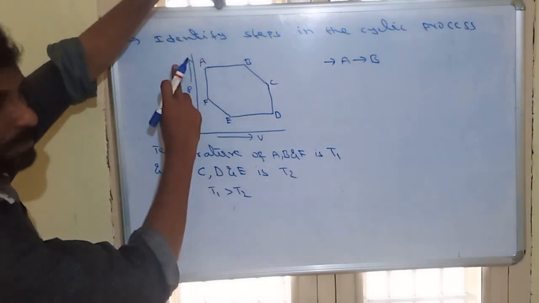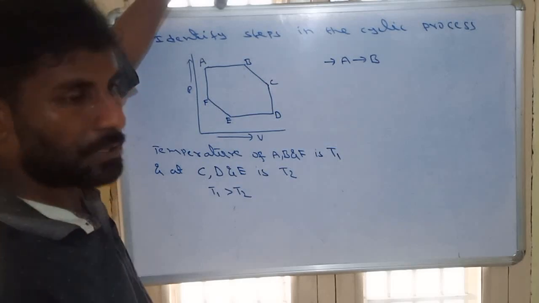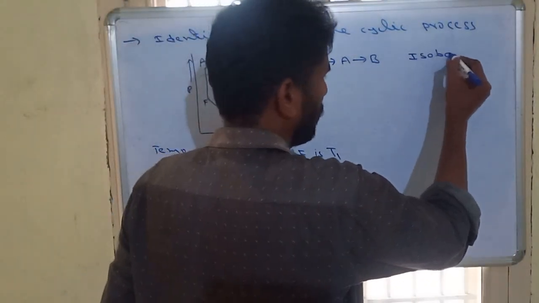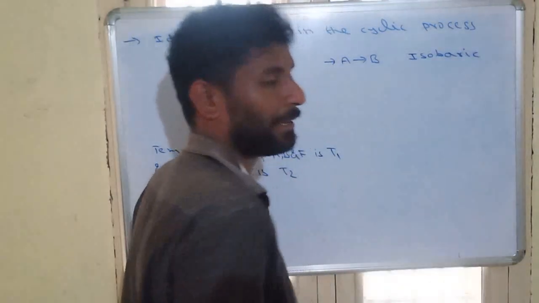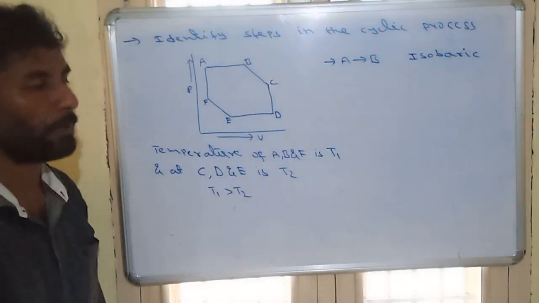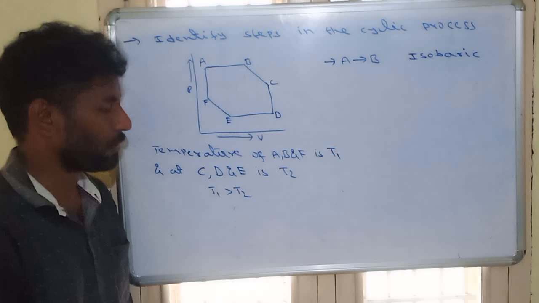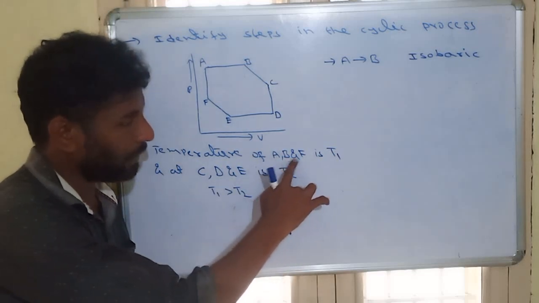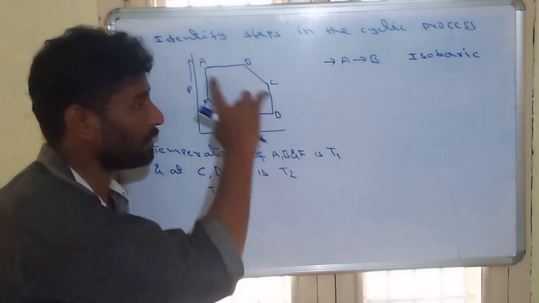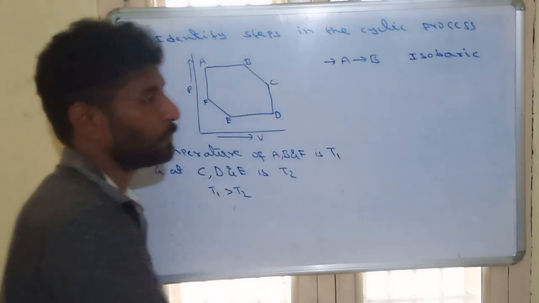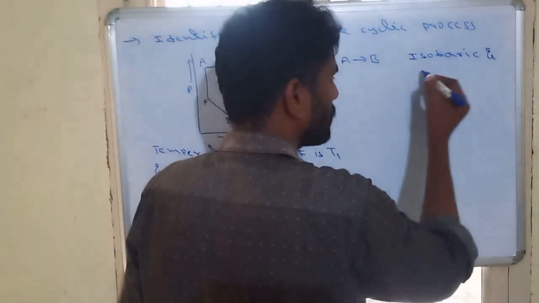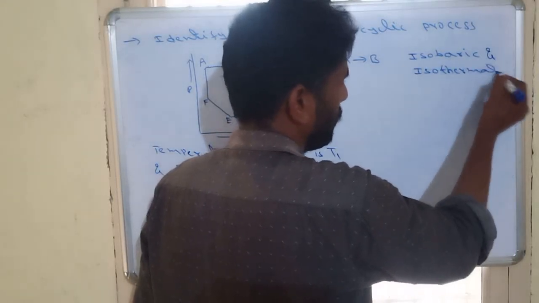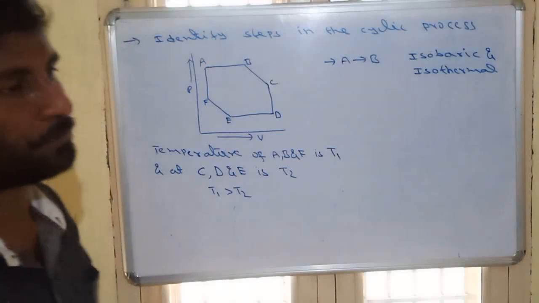When pressure is constant, definitely we can say it is an isobaric process. Isobaric means pressure is constant. Similarly, remember that at A and B the temperature is T1, so temperature is also the same. When temperature is the same, it is also called an isothermal process.